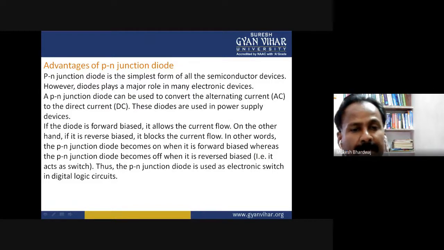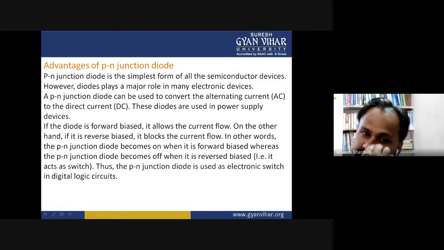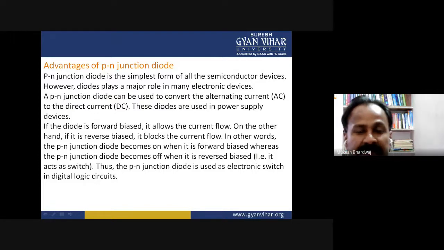That means, as per the working of the PN junction diode, we can use the diode as a rectifier. Mainly, the diode is used to convert the alternating current into direct current.